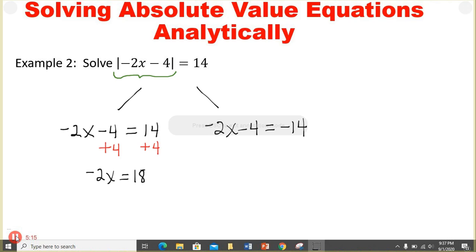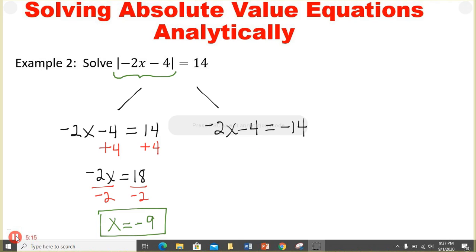And then I'm going to divide by negative 2. So the first location will be at x equals negative 9. That is our first x value where we will have an intersection. Let's do the same thing with our second equation.